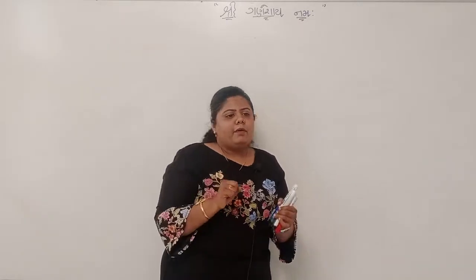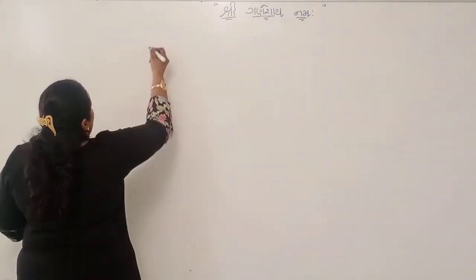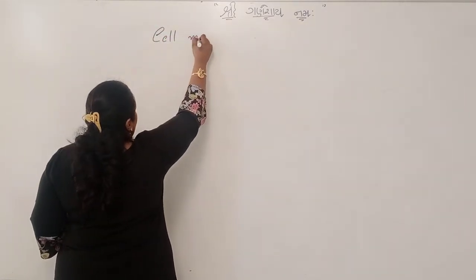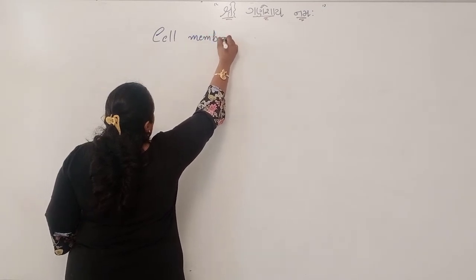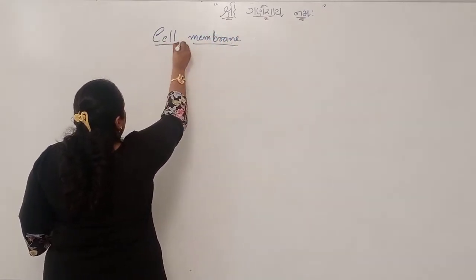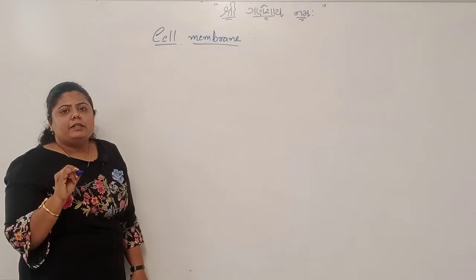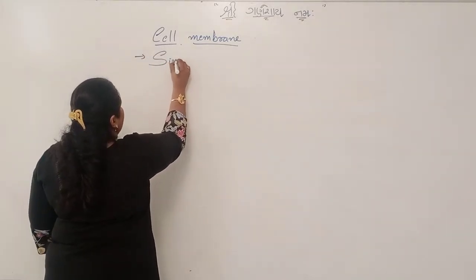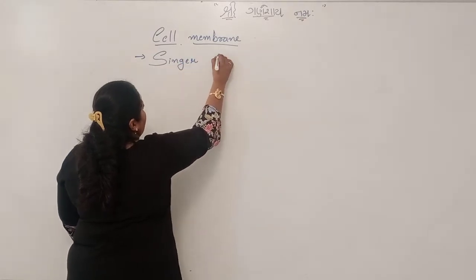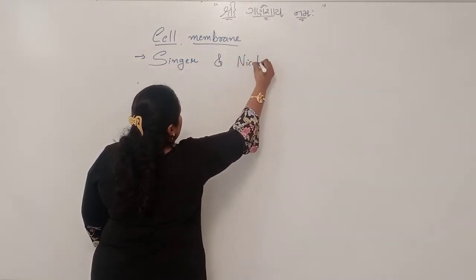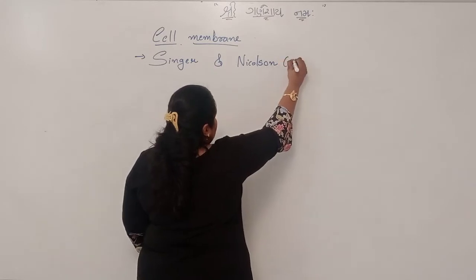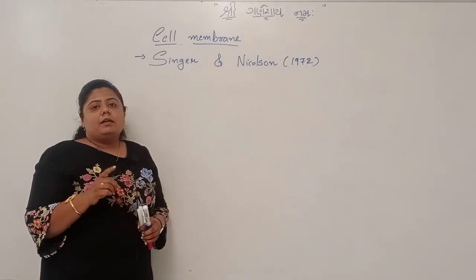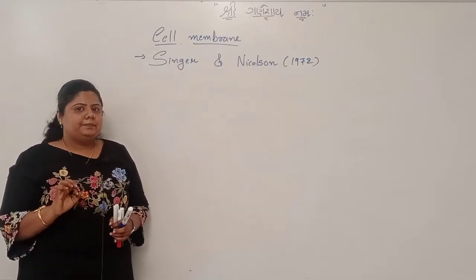Ready? So now I am going to explain the fluid mosaic model of the cell membrane. According to this model, scientists Singer and Nicolson, in 1972, proposed the fluid mosaic model.